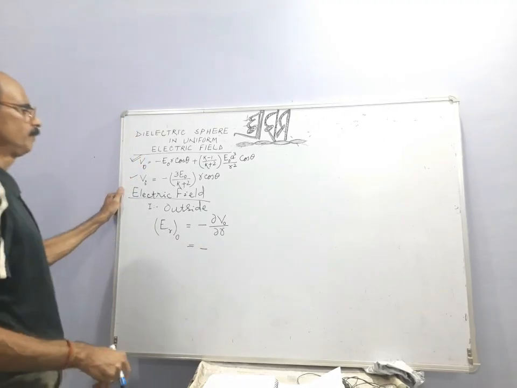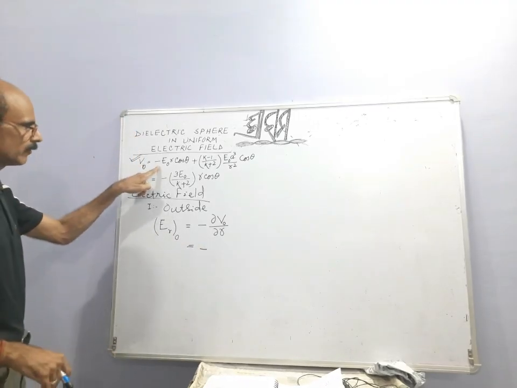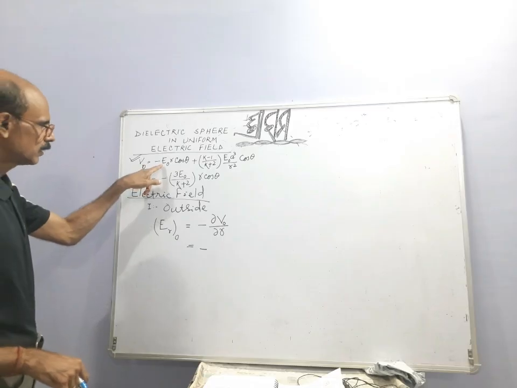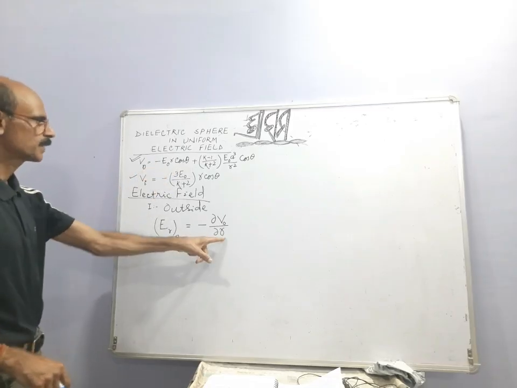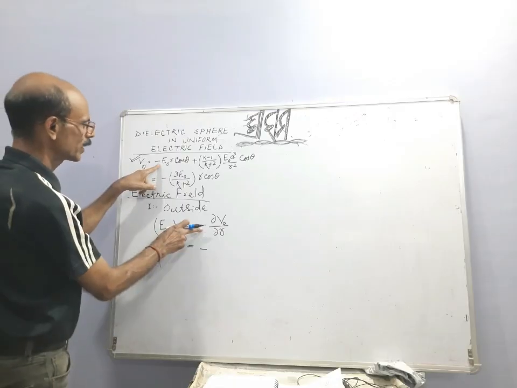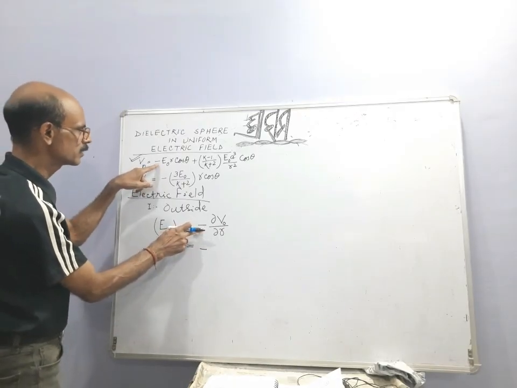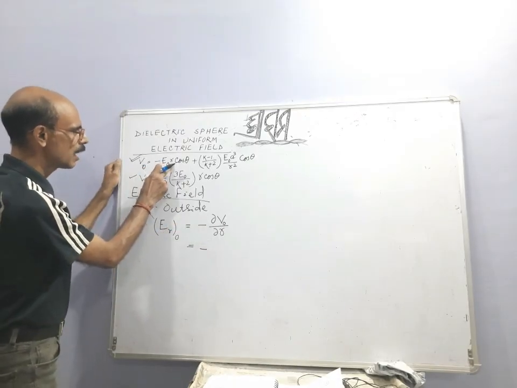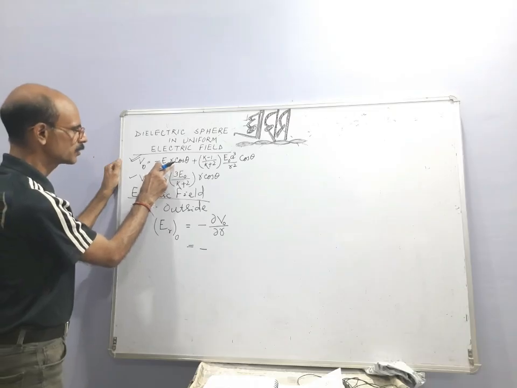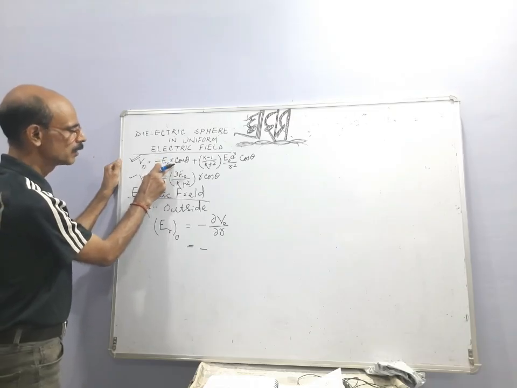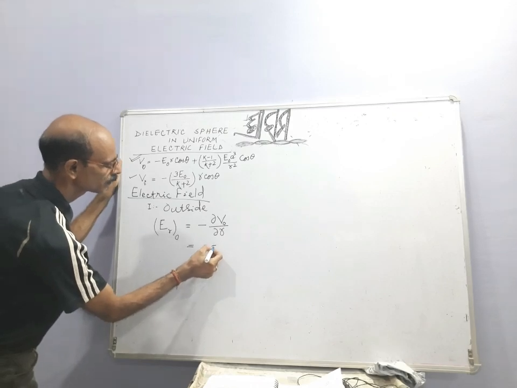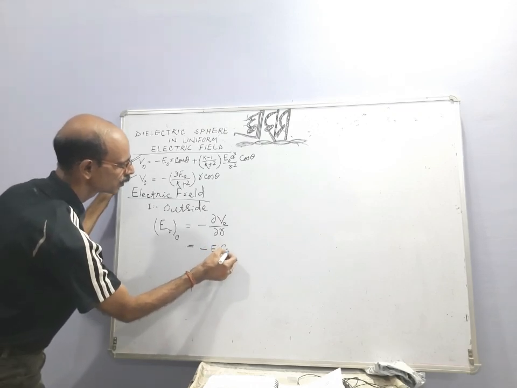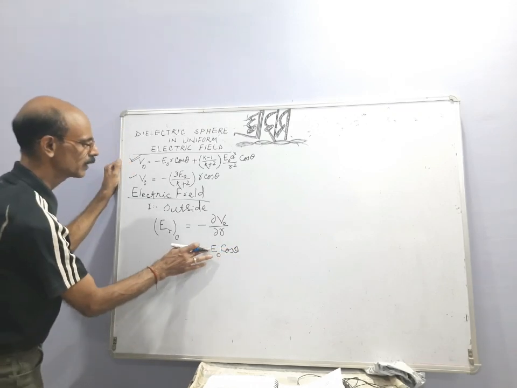Now find out the differentiation of V_o with respect to r. See, already there is a minus plus. After taking differentiation, this r will be no more there. So for the first term we will get E0 cos theta.